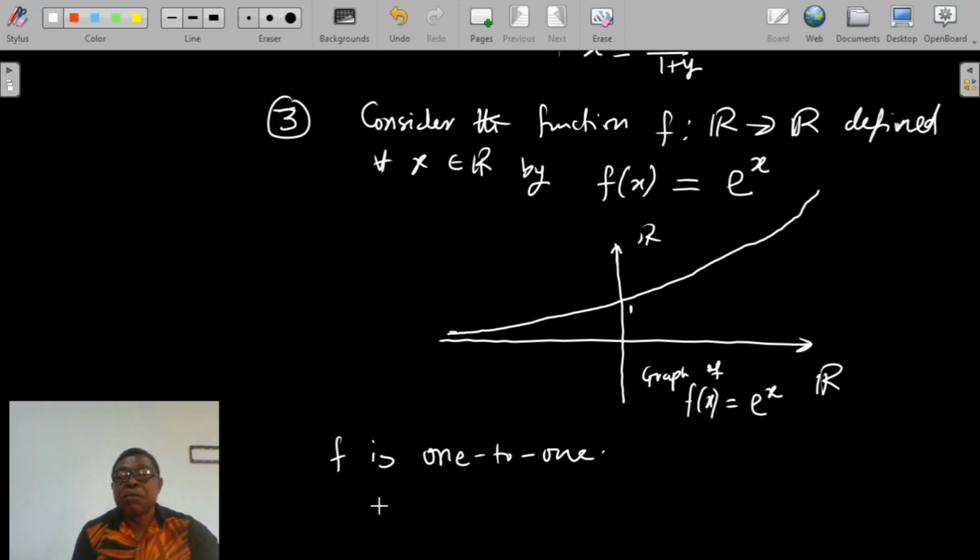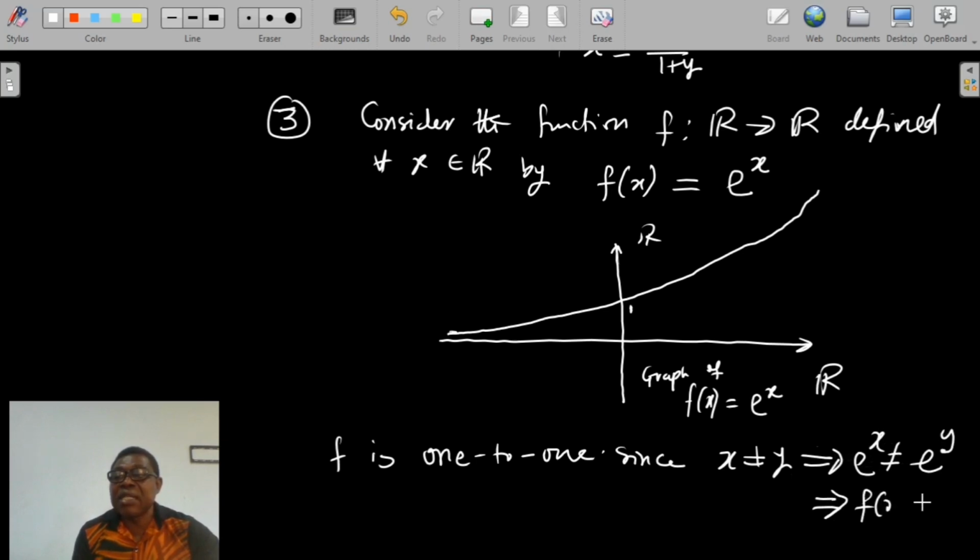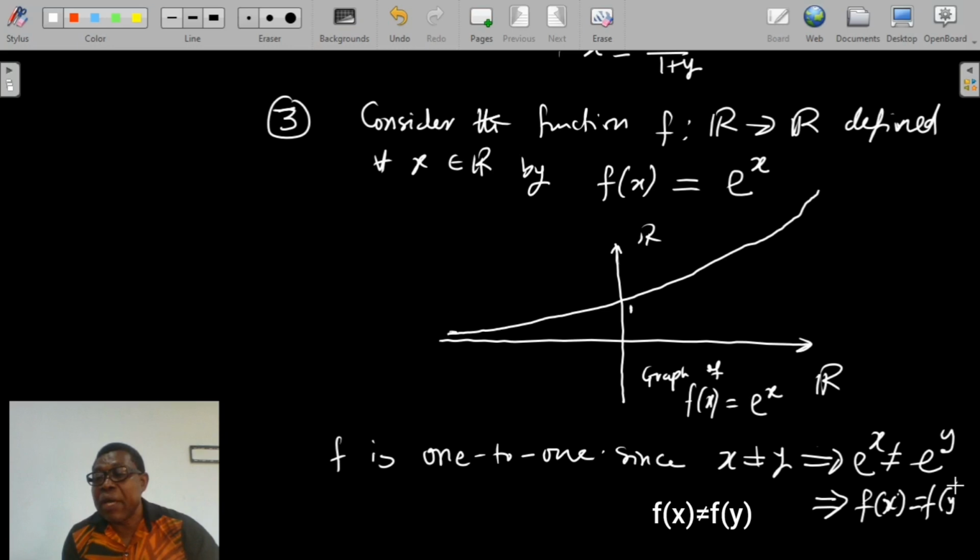The reason is because x not equal to y implies e raised to the power x is not equal to e raised to the power y, which means that x not equal to y implies that f of x is not equal to f of y.